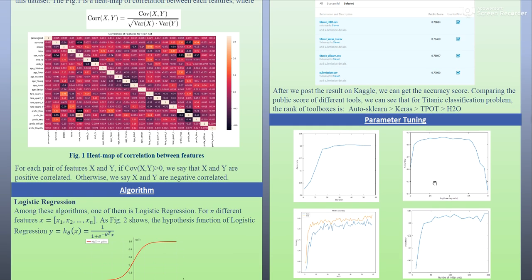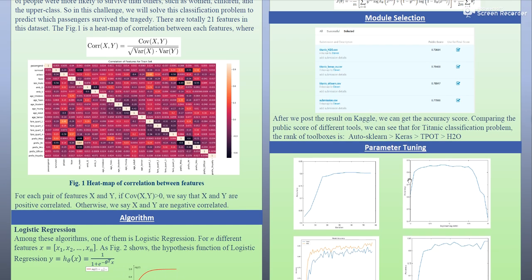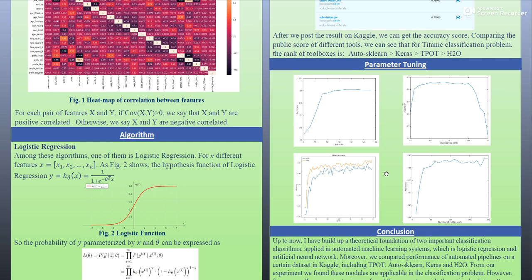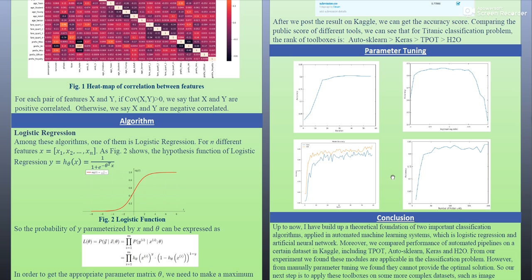After that, we will manually tune some hyperparameters in the above algorithms to see the optimal value we can get. The first figure is the relationship between the number of iterations in the gradient descent of the logistic regression and the accuracy. We can see as the iteration number increases, the accuracy also increases, then it becomes stable. And the rest three figures show the hyperparameters in the artificial neural network.